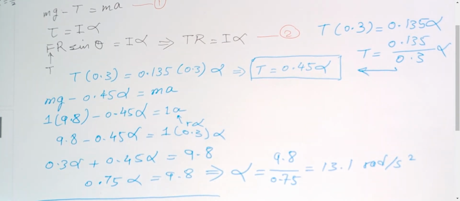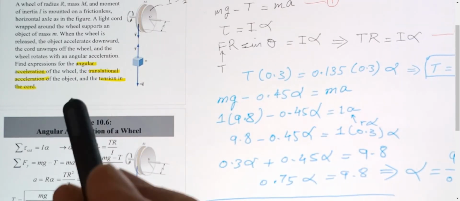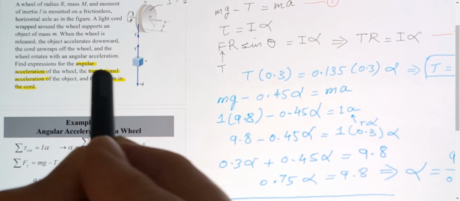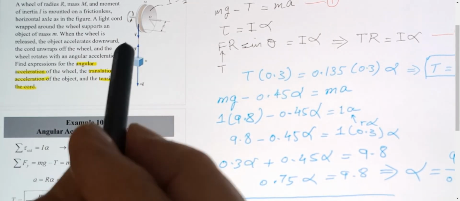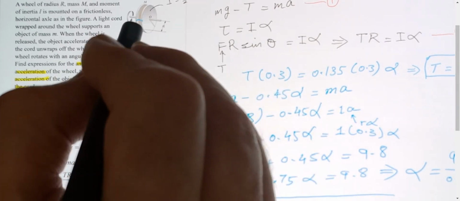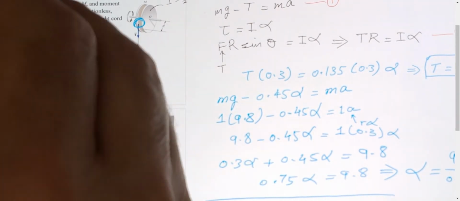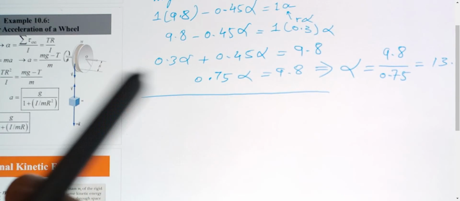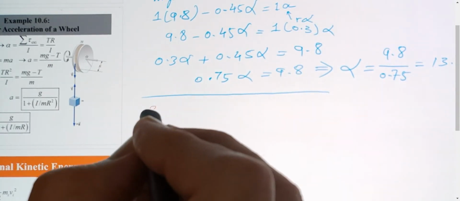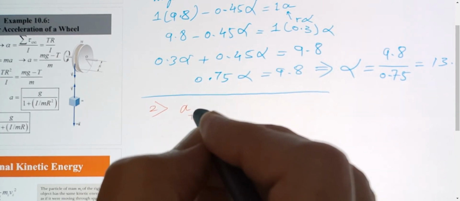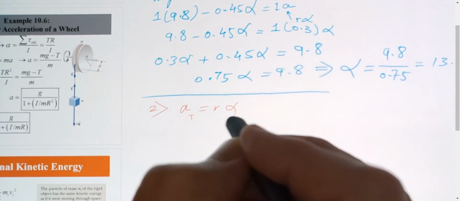The second part, he asked us to calculate the translational acceleration at the edge. So here at the edge. That is easy, because we know that a translational is nothing but R alpha.